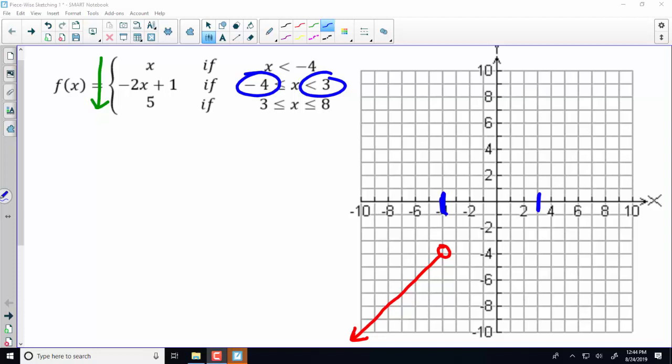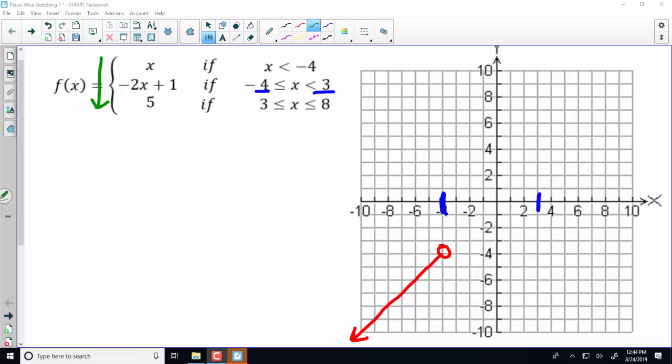And regardless of if you have an equal to or you don't have the equal to, one way you can get 2 points is by plugging in these two numbers. Just remembering that when you plug in a number next to an equal to, you get a solid point. And when you plug in a number that doesn't have an equal to, like the 3, you're going to get a hollow point. So check this out, everyone.